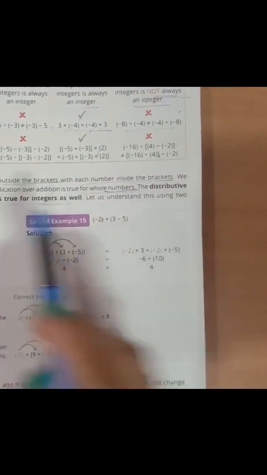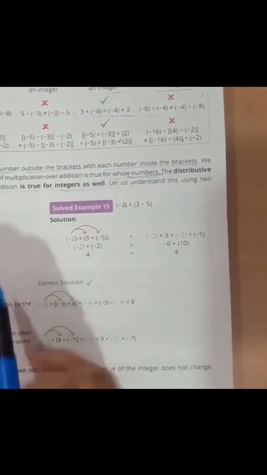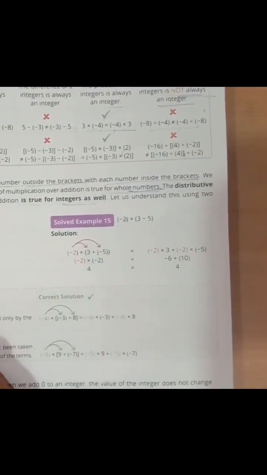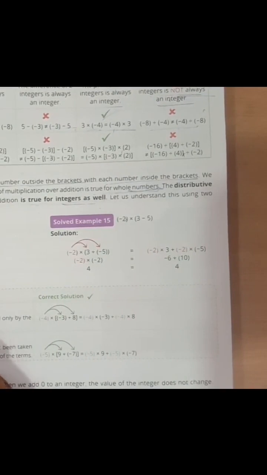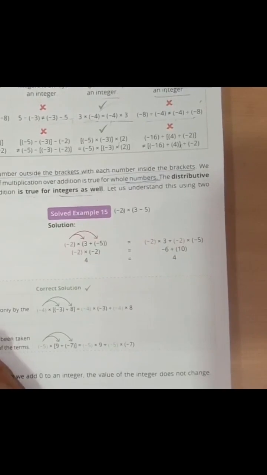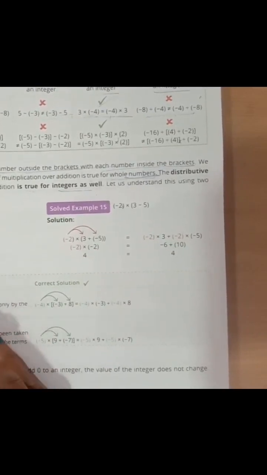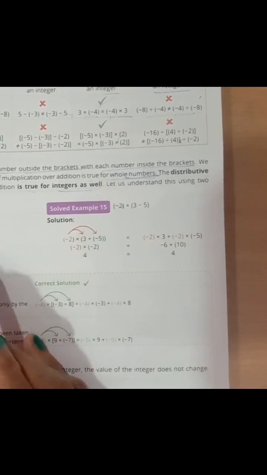Let us consider two examples here. I am directly explaining from our textbook. Share the number outside the brackets with each number inside the brackets. You can observe the arrow marks: first minus 3 into 4, and next minus 3 into 2.